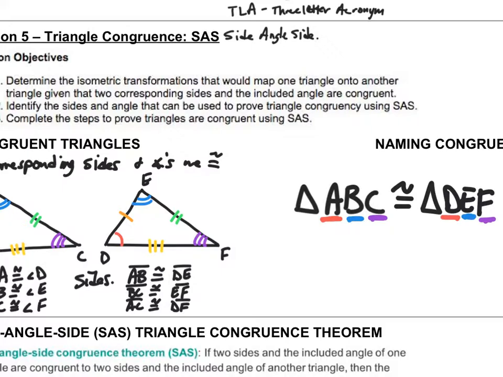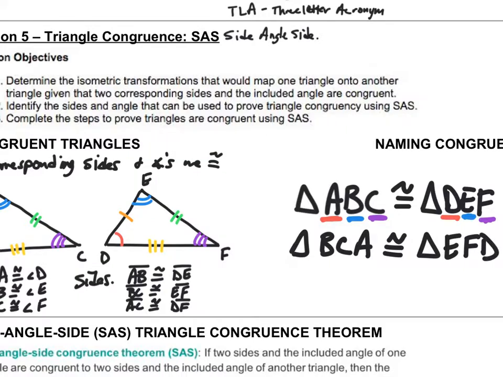Now you can name it another way. You can name it, say, triangle BCA. If I name that triangle BCA, and I name the other one, making sure that they're congruent, I would name it triangle EFD.